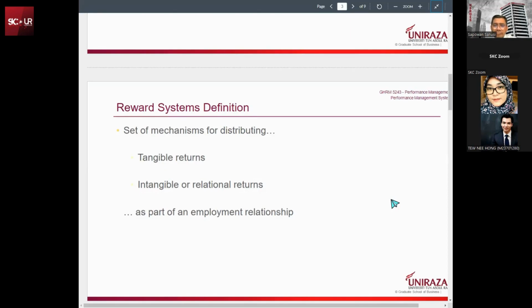So it can be either tangible, macam saya kata tadi, tangible and intangible. Selalunya tangible ni you akan nampak, and then intangible maybe status, recognition, opportunity for growth.